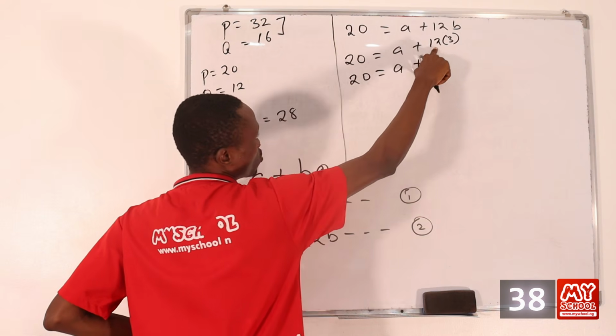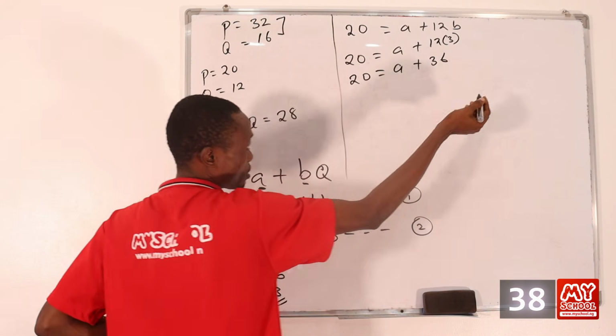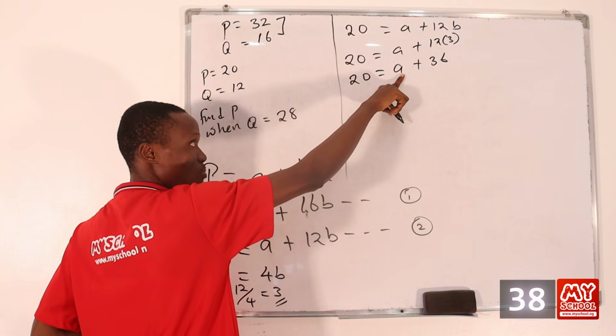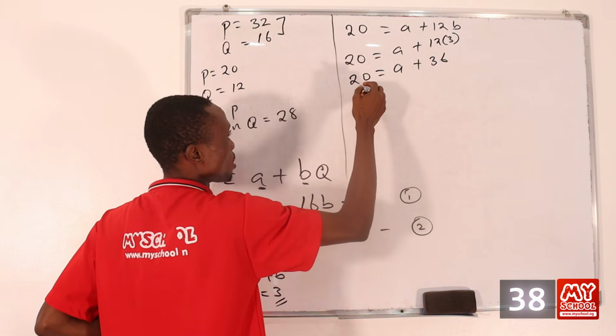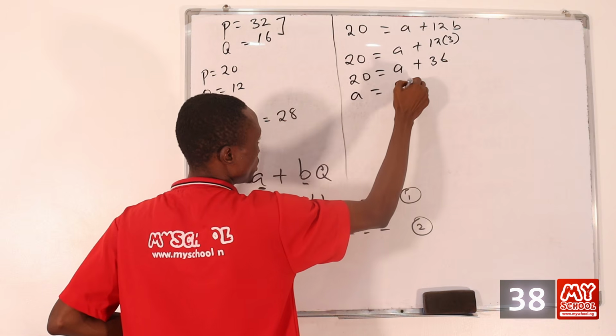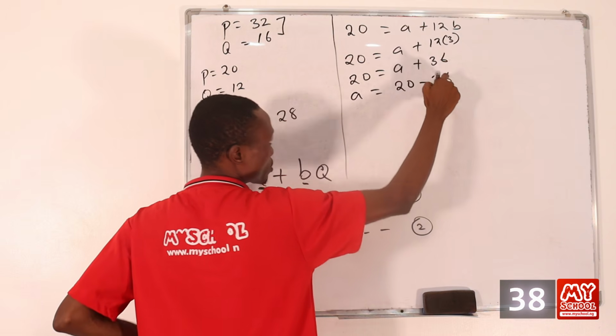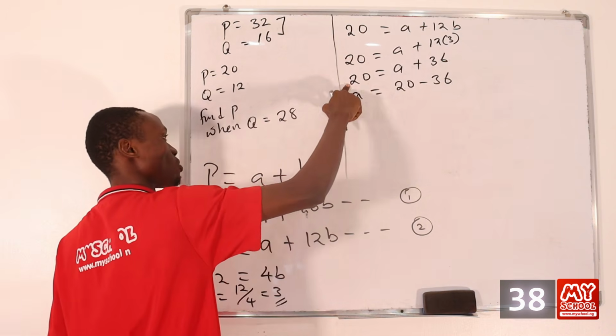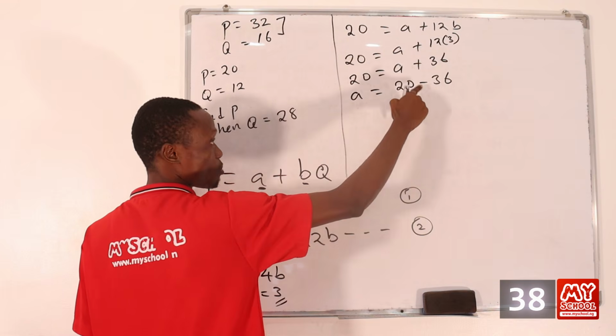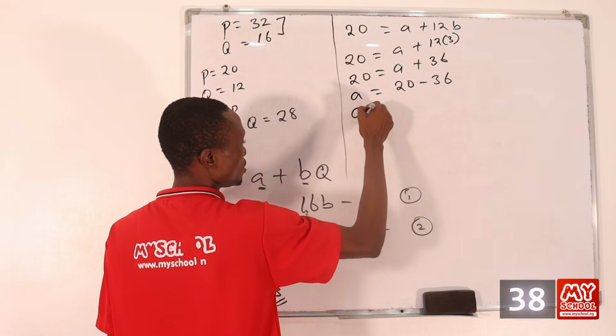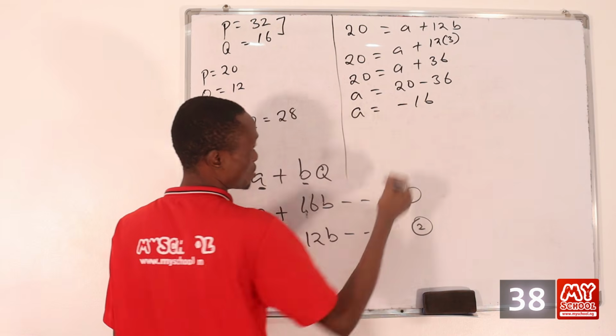Now 3 times 12 is 36. Since we are looking for A, we make it the subject of the formula: A = 20 minus 36, because the 36 moves to the other side. So A is equal to minus 16.